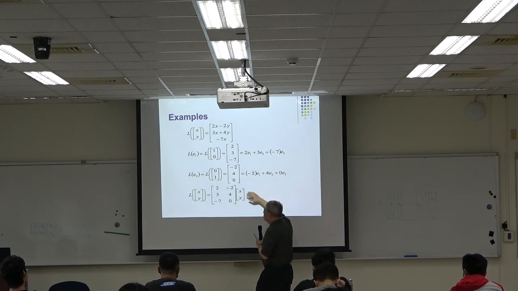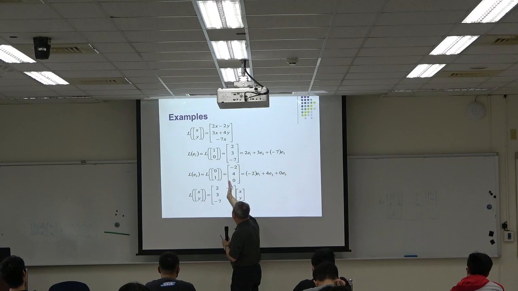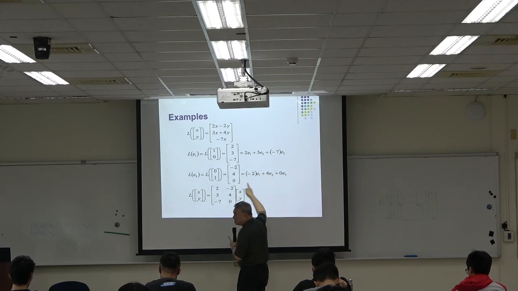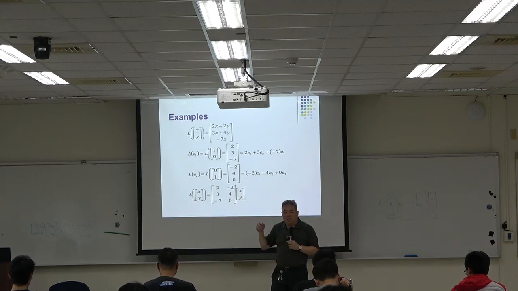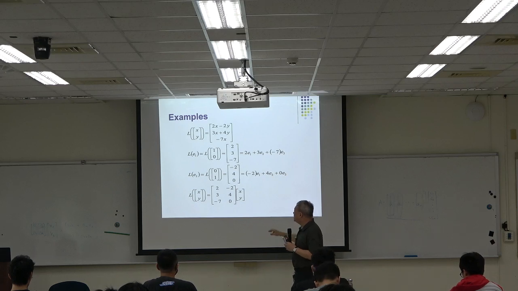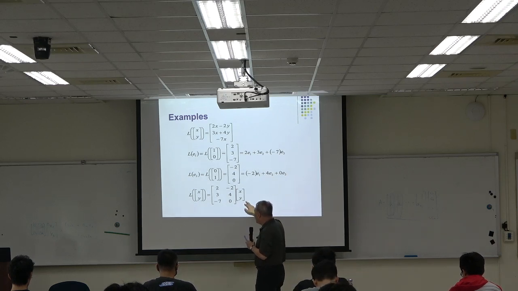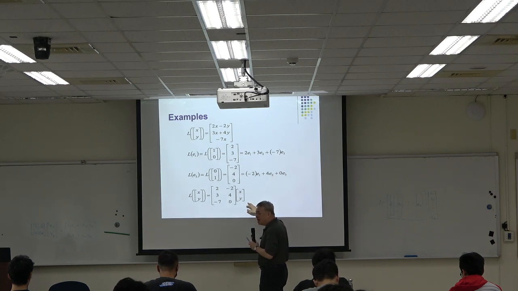So in other words, we can represent this linear transformation by this one. The first column comes from there. The second column comes from here. Okay, and remember, this is from R2 to R3, from R2 to R3.